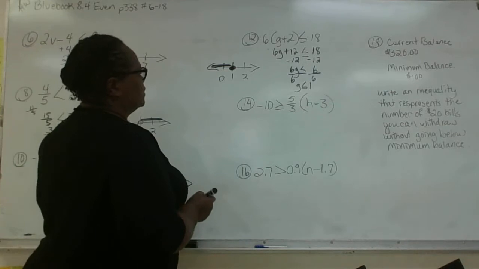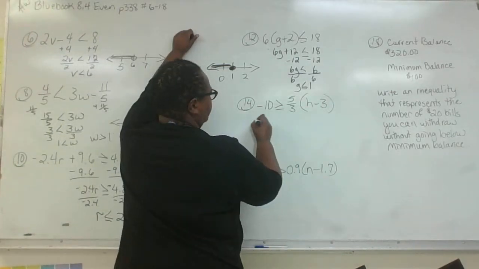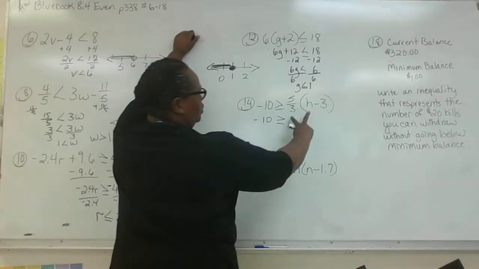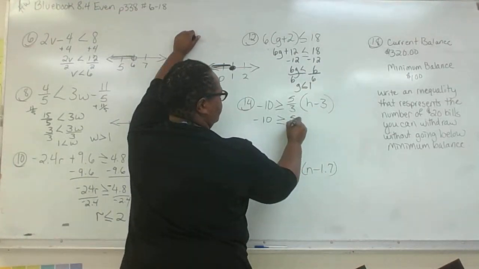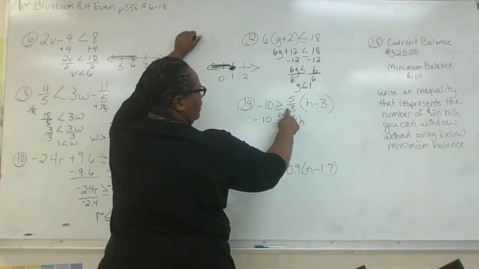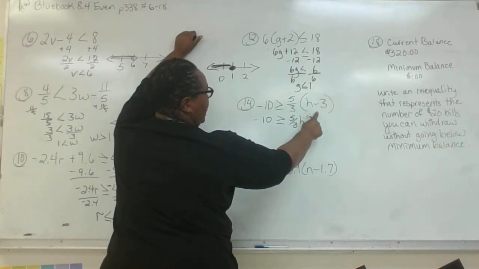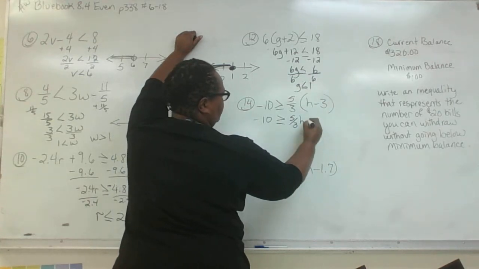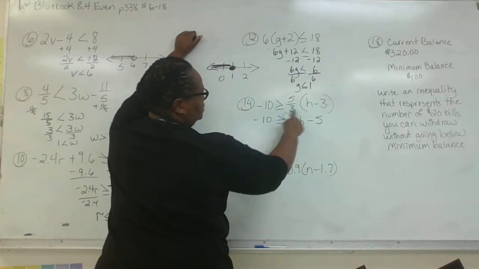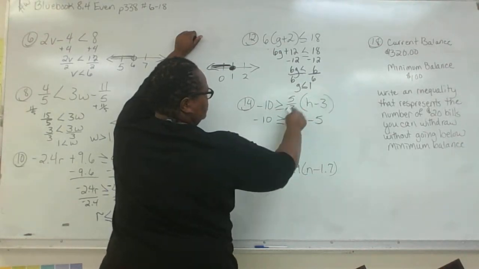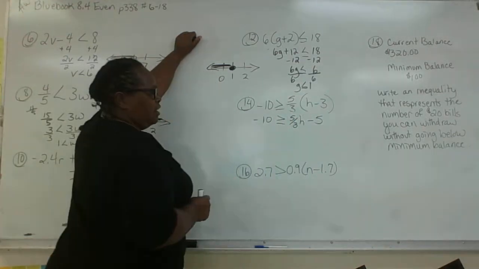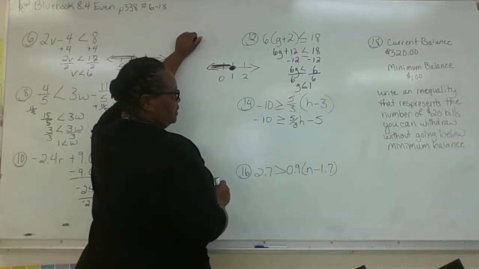For number 14, we have negative 10 is greater than or equal to, we use the distributive property, 5/3 h, okay, and then here, 5/3 times negative 3 is going to give us a negative 5, because 5/3 times negative 3 over 1, we're going to cancel out the 3, and then therefore it will be 5 times 1, and 1 will be in the denominator, so we have 5.